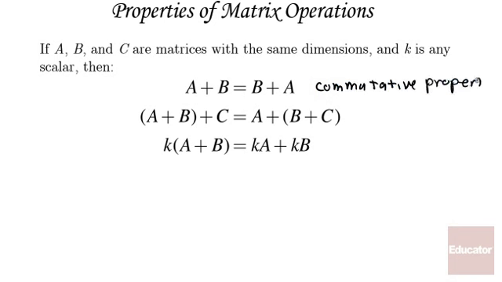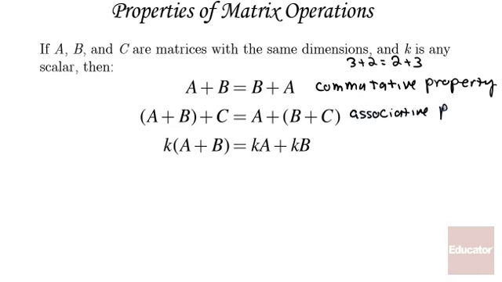Recall that with numbers, we have the commutative property where if you want to add 3 plus 2, you can add it in the other order, 2 plus 3, and get the same result. And the same is true if you're adding two matrices. So matrix addition follows the commutative property.